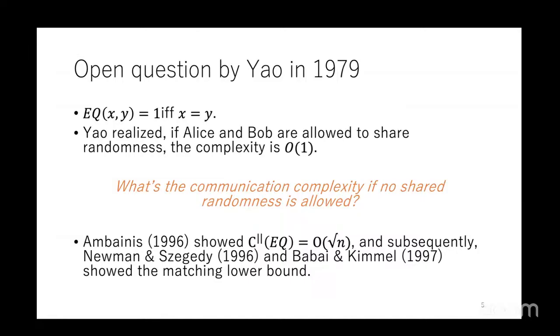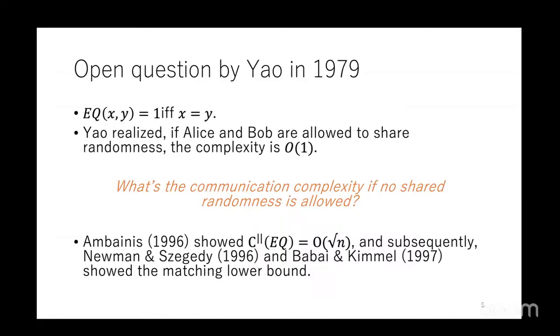There is one open problem in the original paper by Yao. Yao realized that if Alice and Bob are allowed to share some randomness, then equality is very easy, so the communication complexity is constant. Without shared randomness, the complexity of the equality problem in the SMP model was non-trivial and mysterious.